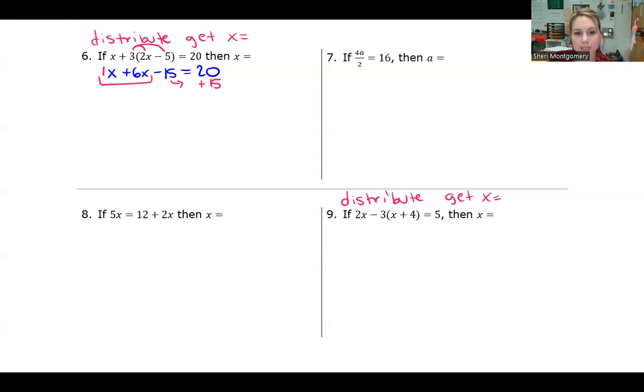So what is 1 and 6? Very good, 7. And then what's 20 plus 15? One last step, I'm multiplying by 7, so I need to divide by 7. 35 divided by 7 is 5. Very good.